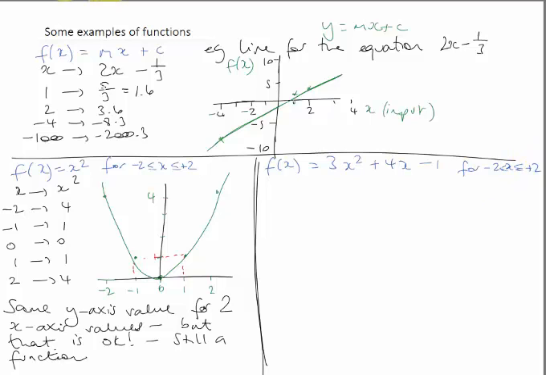So here that means that x maps to 3x squared plus 4x minus 1. And I've worked all those out. So if it's -2, that gives us 3, minus 1 gives us -2, 0 gives us -1, 1 maps to 6, 2 maps to 19.